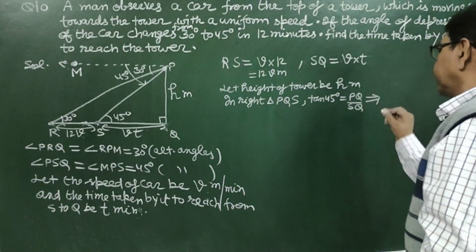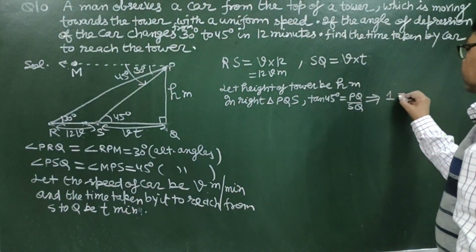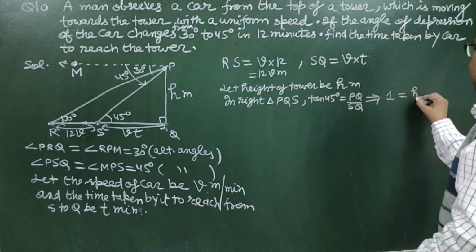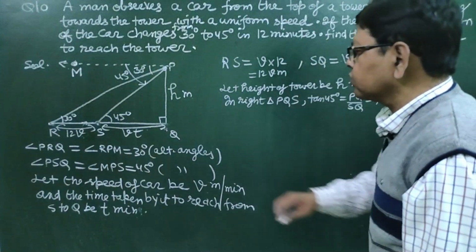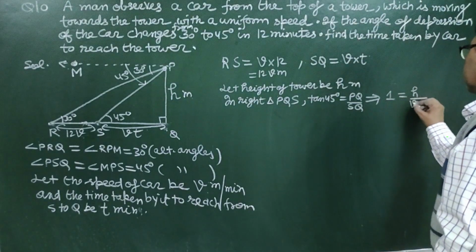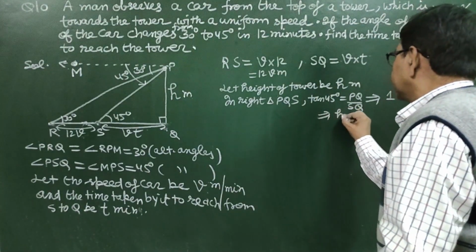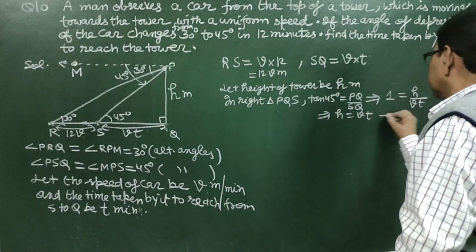Tan 45 is 1, PQ is H, and SQ is VT. So we can say that H is equal to VT. This is our first relation.